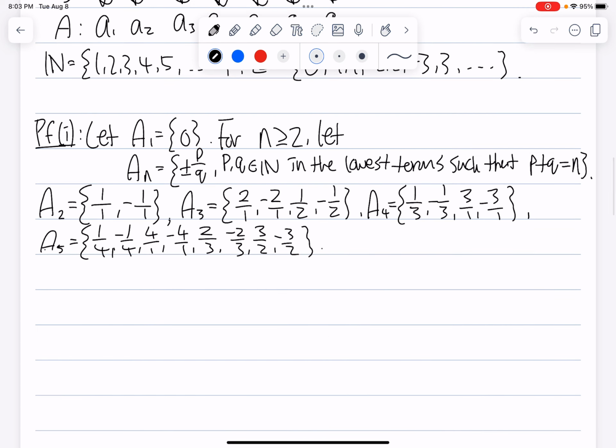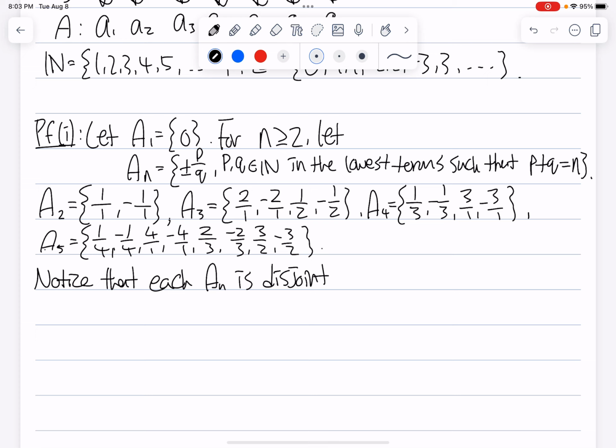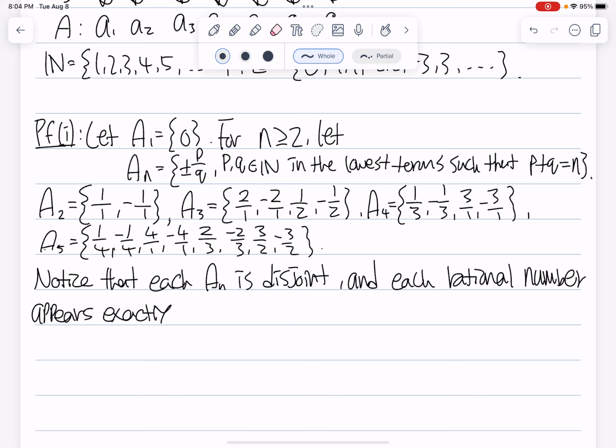All right. So notice that each an is disjoint, meaning that they don't have any elements that overlap. And each rational number appears exactly once in one of these sets.